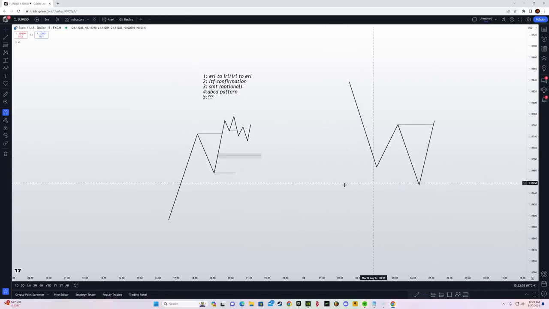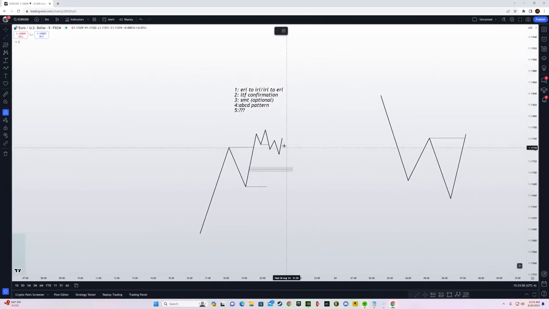All right. So once we have taken out the lower high on the 1 hour time frame, right? So we got market structure shift on the 1 hour, and we also formed ABCD pattern on the 1 hour. Now, once the lower high is taken out on the 1 hour, we are then finally dropping down. So this is the fifth pod, which is marked by the question marks.